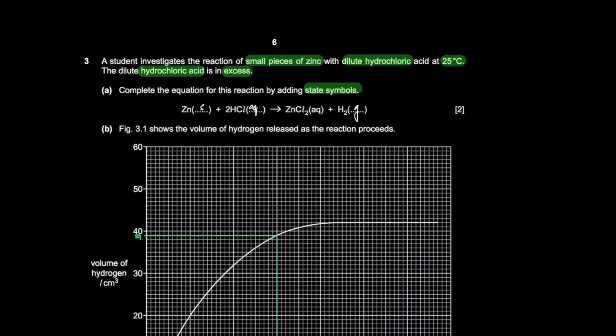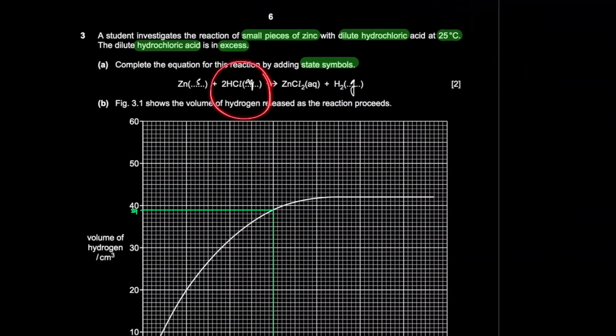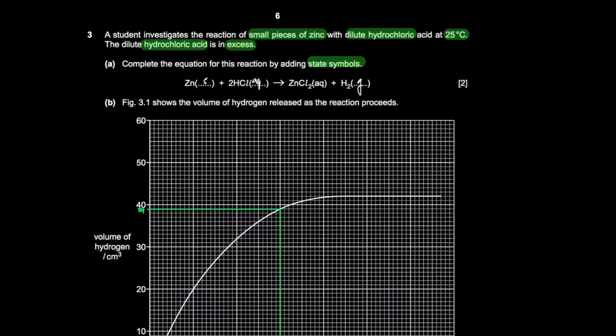So if I increase the amount of hydrochloric acid, will it affect the total volume? Because zinc is the limiting reactant, right? Since we're not changing zinc, we will not affect the total volume. So the final volume will still be 42. You still get 42 cm cube of hydrogen gas.